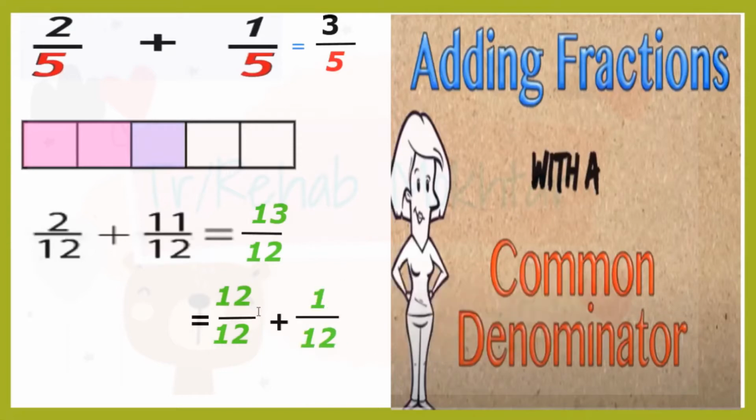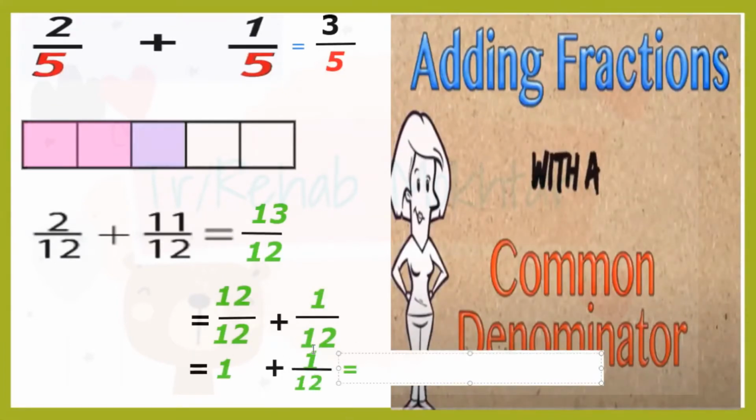Now, teacher, we said before, if the numerator is like the denominator, this fraction equals 1 whole. It will be 1 whole plus 1 out of 12, equals 1 plus 1 out of 12. It will be a mixed number: a whole number which is 1 and a fraction which is 1 out of 12.